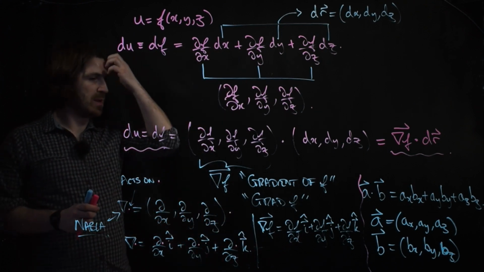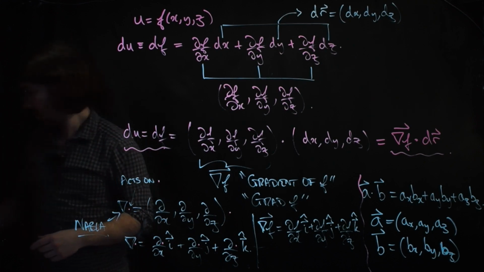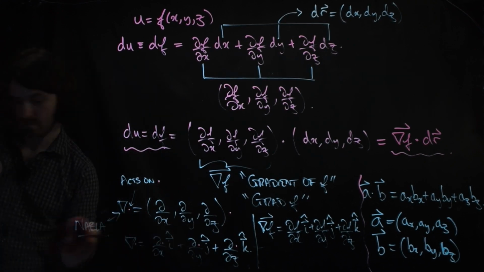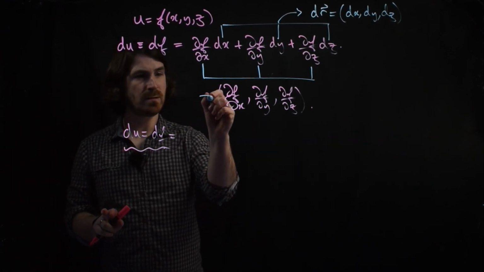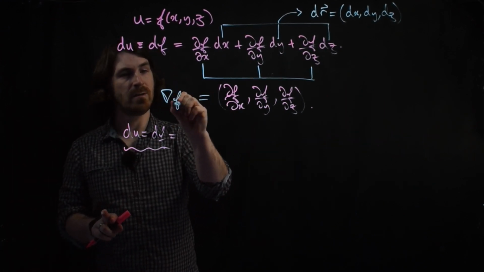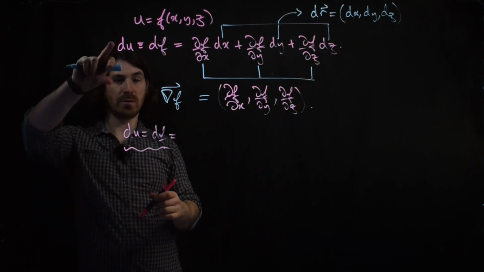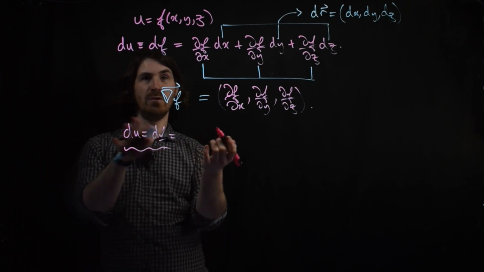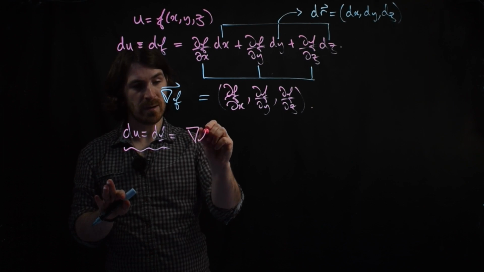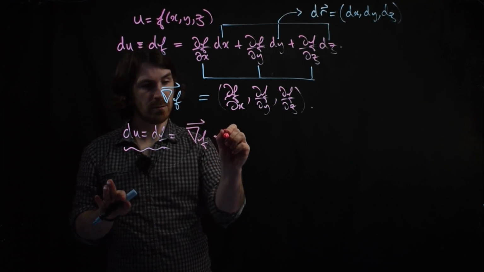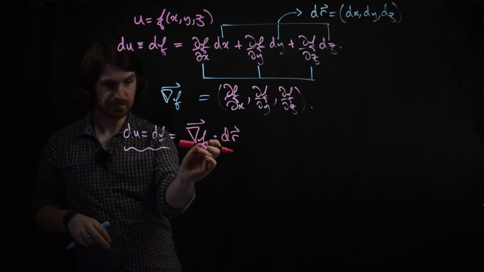All right, so what does this mean? Let me clean the board up and I'll explain a little bit more. So we call this the gradient of f, and we call this dr. We saw that our total differential du or df, whatever you want to call it, is given by the gradient of f dot dr, one vector dotted with another vector.